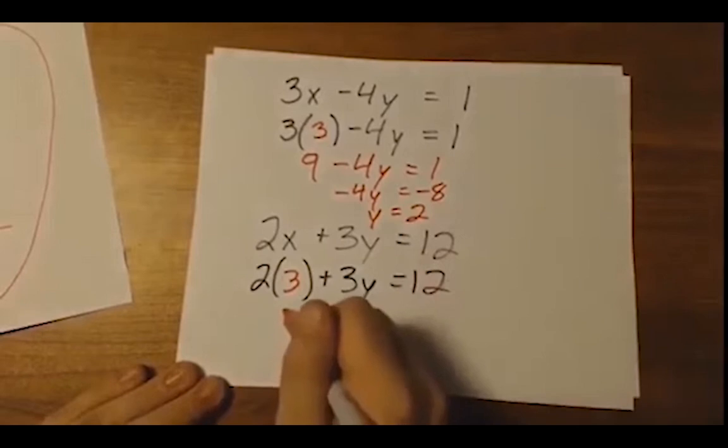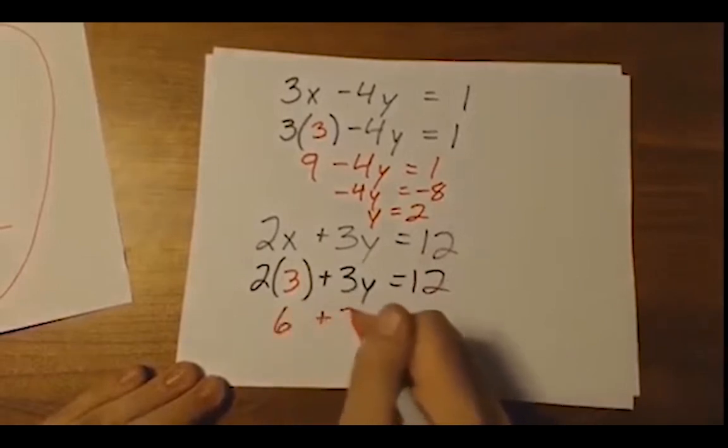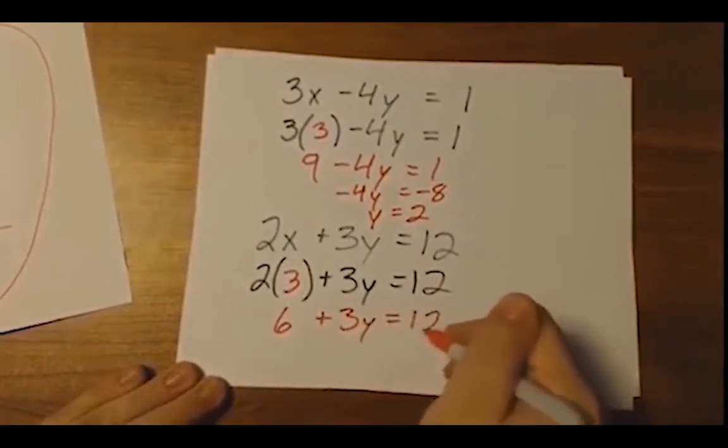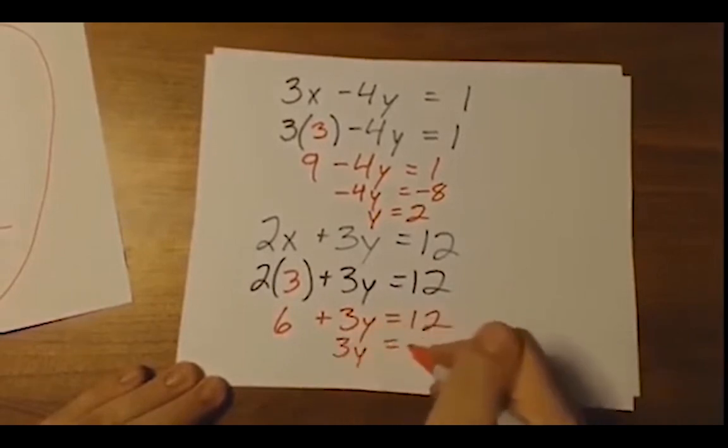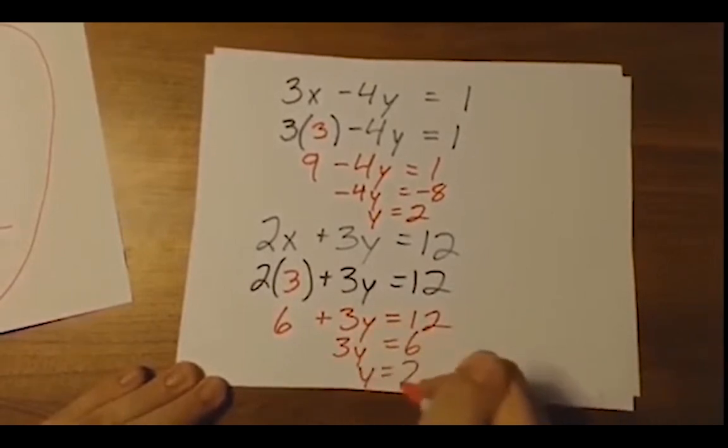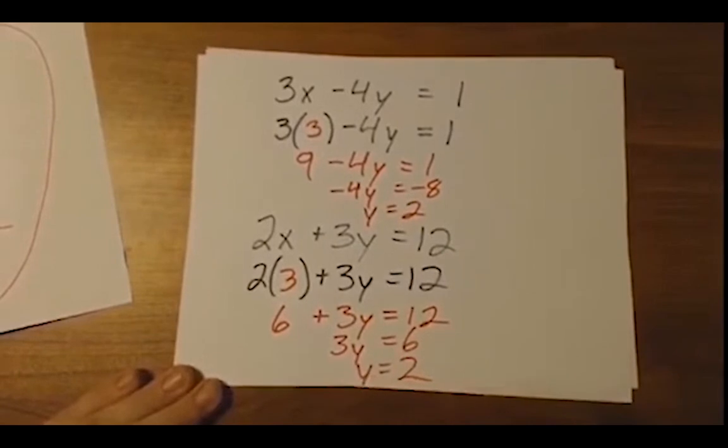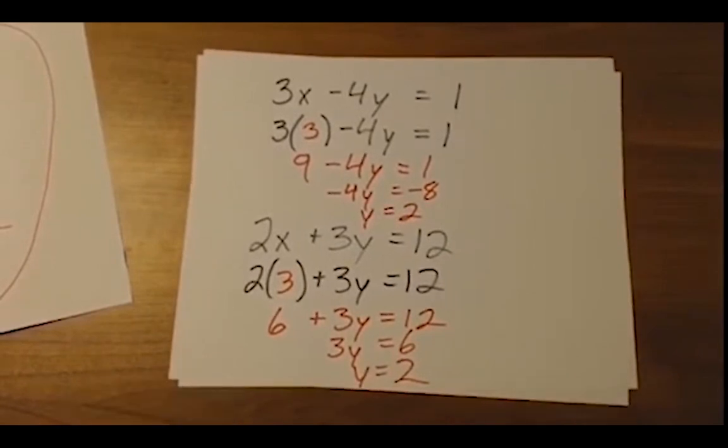Or if you did the other equation, 6 plus 3y equals 12, so 3y equals 6, so y equals 2. Either way, you're going to get y equals 2.